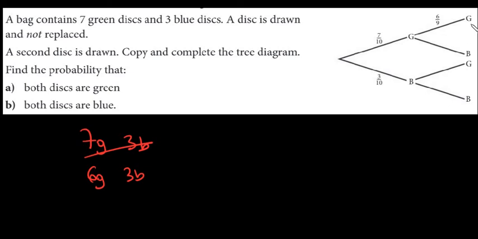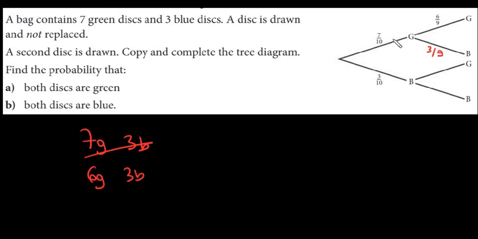So now, in the second, I want to get a green. So 6 over total number of discs, 9. 6 over 9, as you see already written here. But if I get a green disc in the first, what is the probability of getting a blue disc in the second? 3 over 9 will be the probability of getting a blue after getting a green.